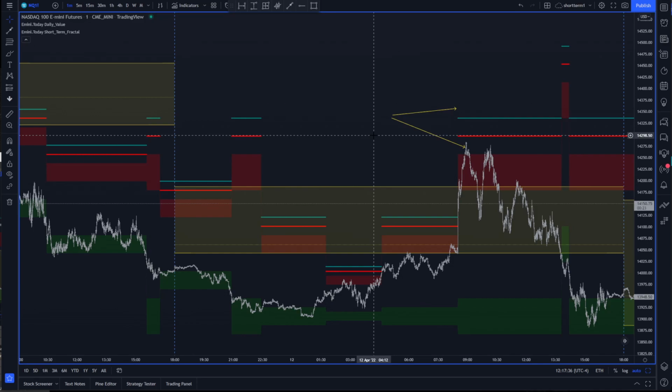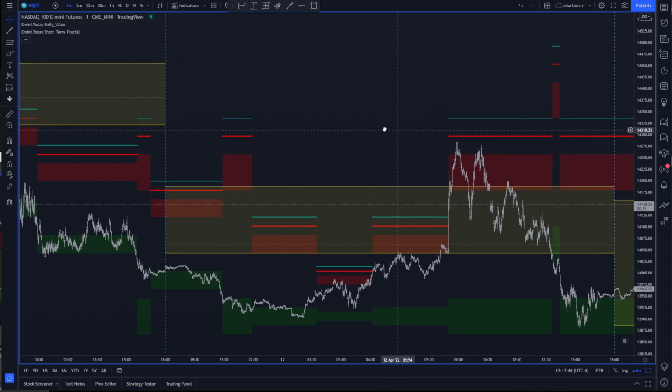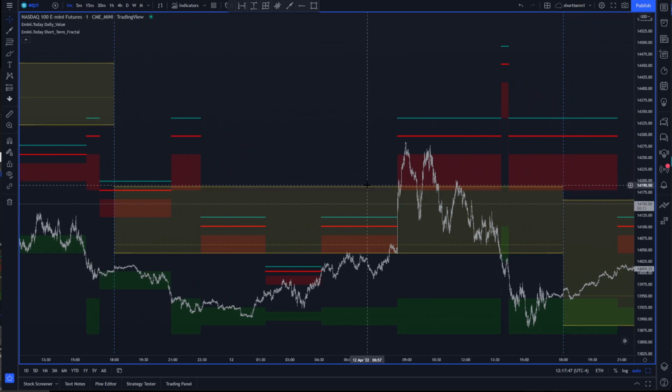Now what about the targets for this kind of trade? Well, the target is pretty simple. That depends really on your style or what is more preferable to you. I like to scale out. Some people don't.